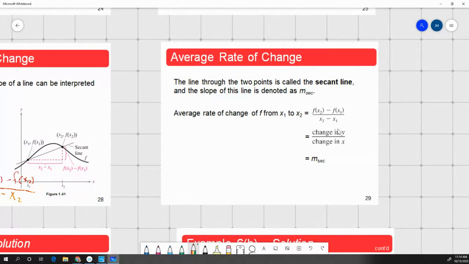Well, it's the same. They just wrote it up there. So we're looking at a change in y, the difference between our y values over the difference between our x values. And we're just looking for a slope. And you guys know how to find slope. In this case, we're calling it a secant because it's a rate of change. And we're dealing with a line through a curve to get an average slope.